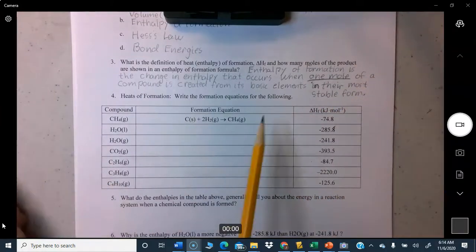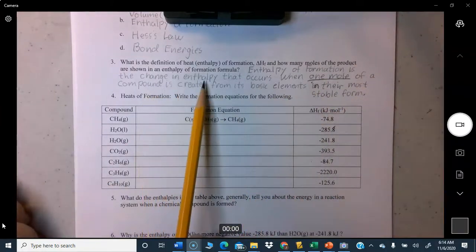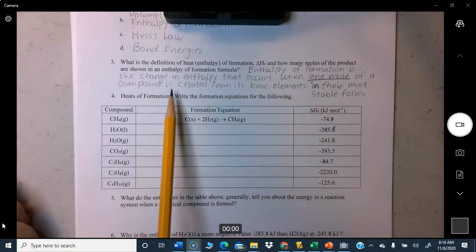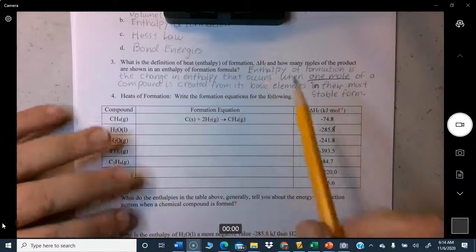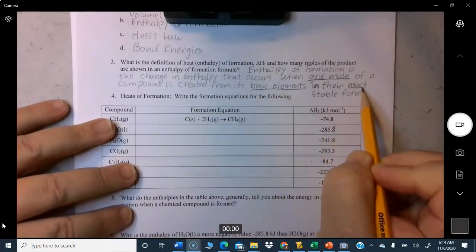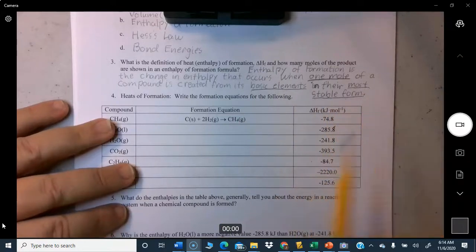Alright, so enthalpy of formation is the change in enthalpy that occurs when 1 mole of a compound is created from its basic elements in their most stable form.